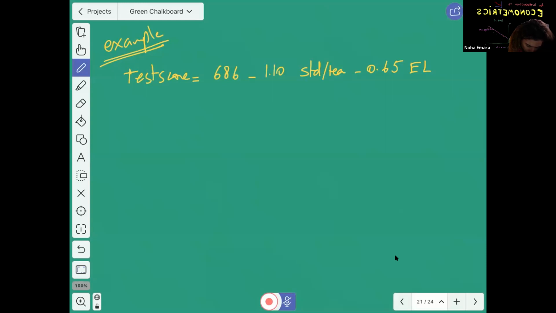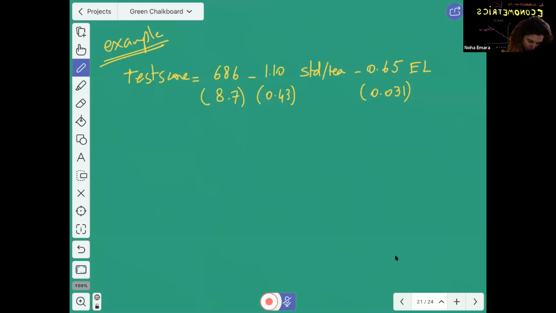Right under each coefficient we have the standard error. This one is 8.7, this one is 0.43, and this one is 0.031. Each one has its own standard error, so it's given in the question.